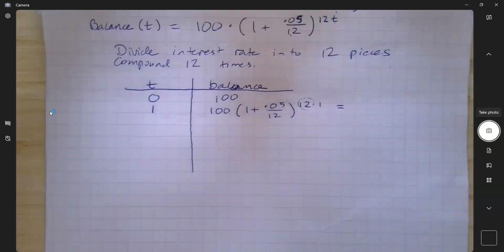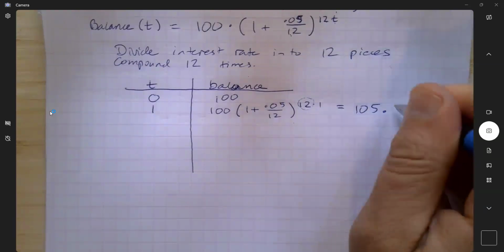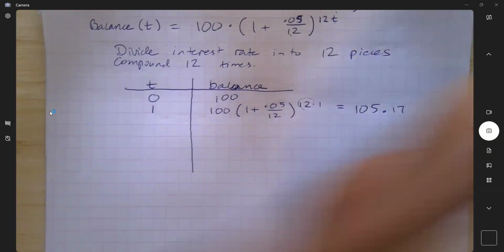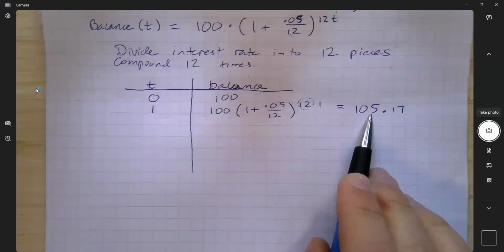So Desmos will tell me what that is. I'm typing it in right now. I know you can't see this. And it's $105.17. Notice that itself is bigger than compounding once per year.